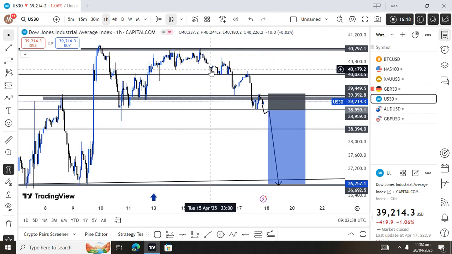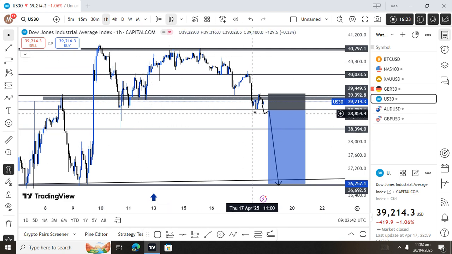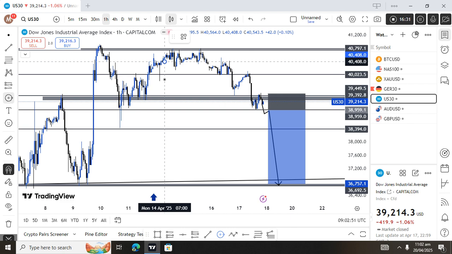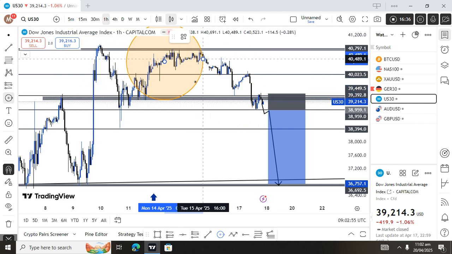But now we're expecting something like that, because this area was ranging. The market was ranging here, this whole space, it was ranging.